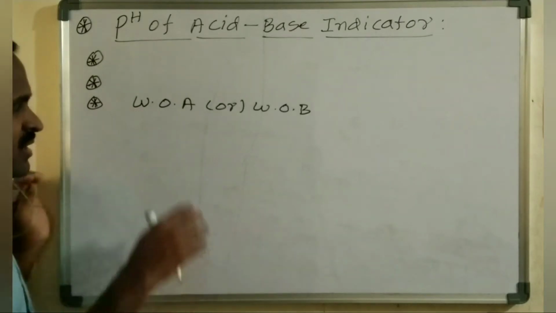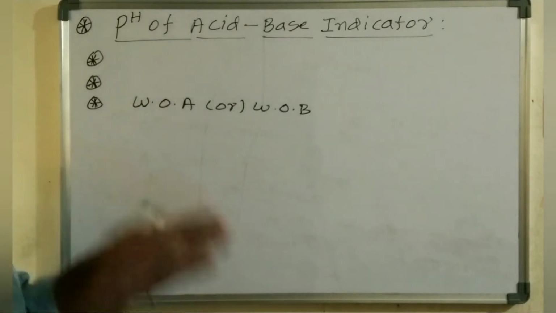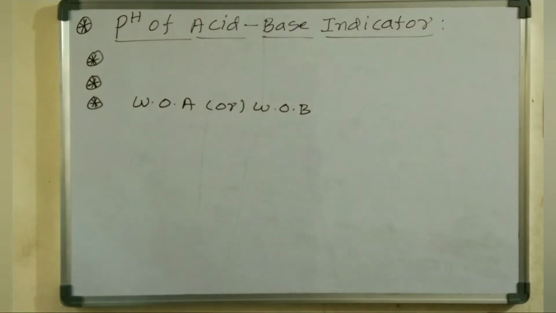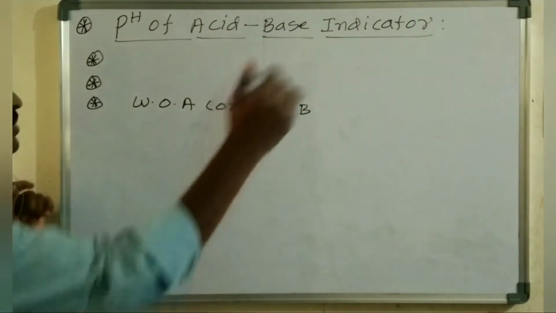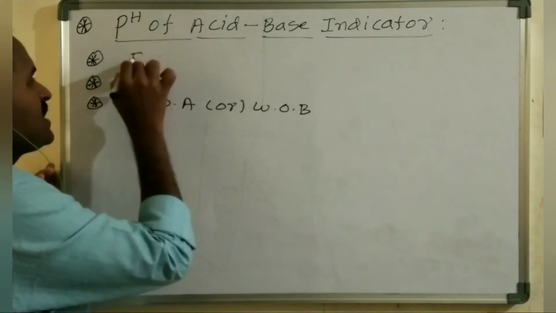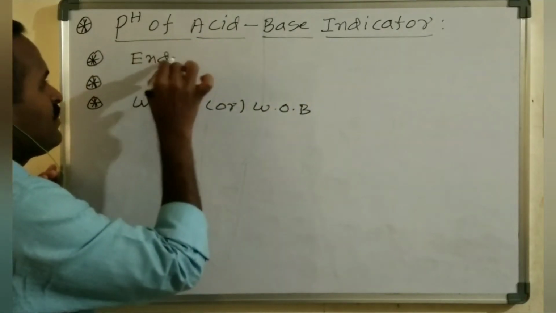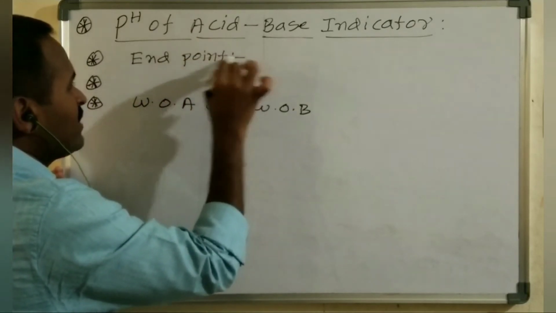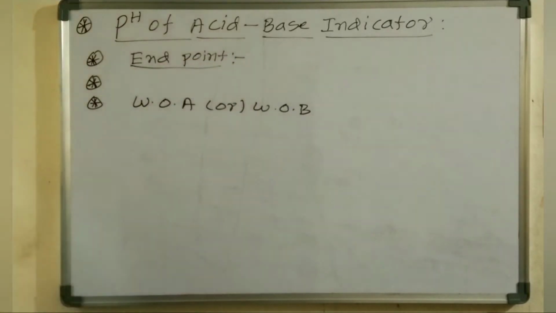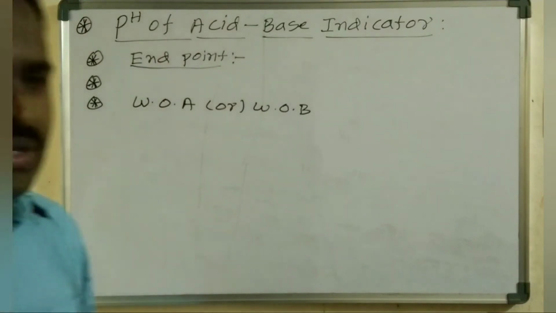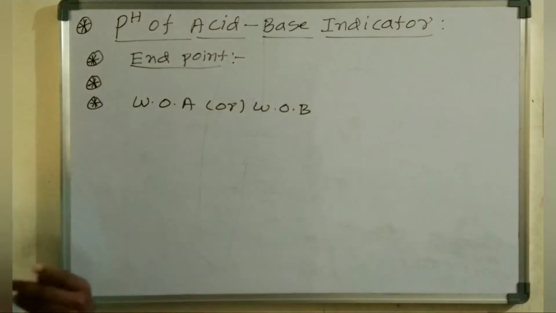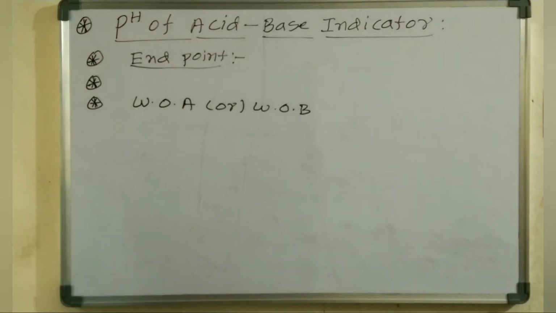Before we derive the pH of an acid-base indicator, first I will talk about two important points. One is the end point, and the other is the equivalence point. The end point is the point at which the reaction between the acid and base is observed to be complete and the color change is observed.